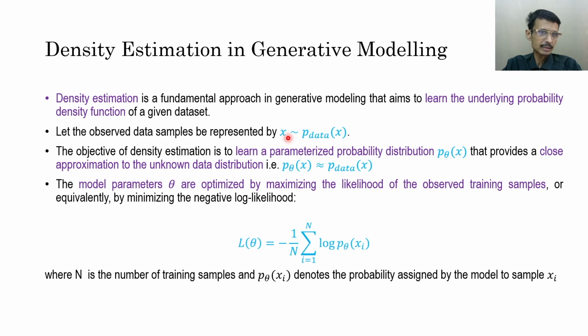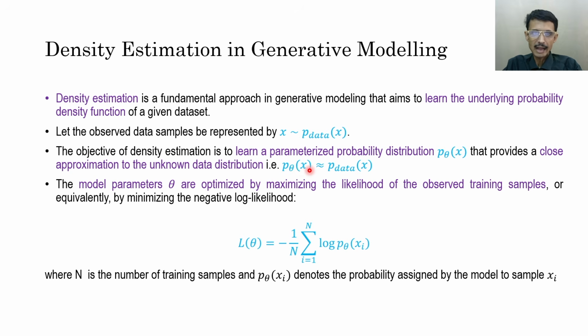So what is the objective of density estimation? The objective of density estimation is to learn the parameterized probability density, P theta X, that provides a close approximation to the unknown data distribution. That means P theta X is very close to P data. Here again we repeat: what is theta? Theta is the parameter.